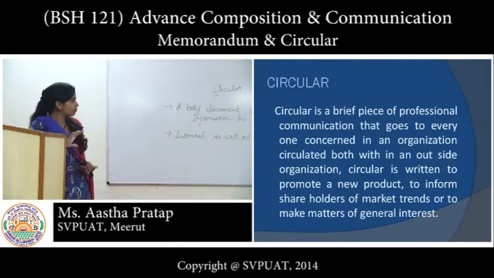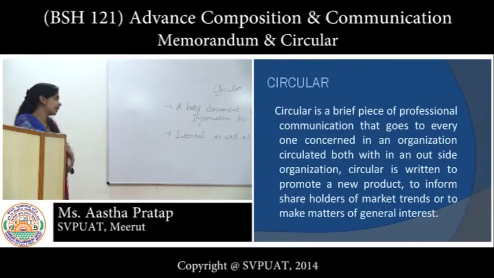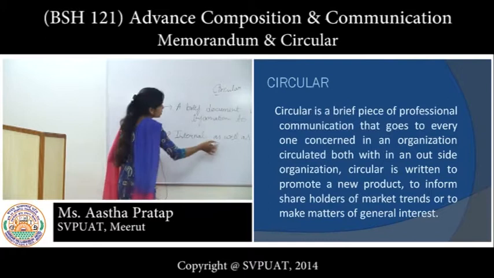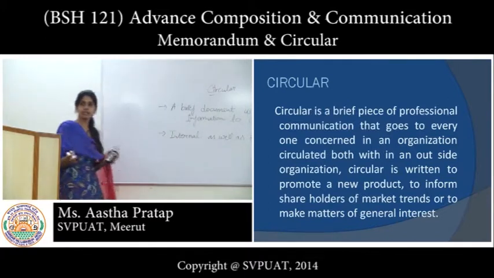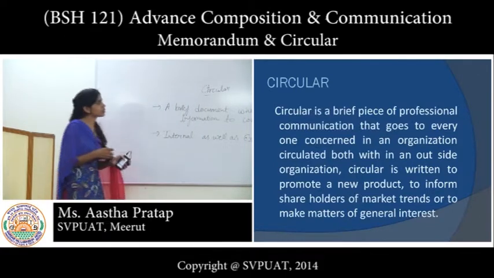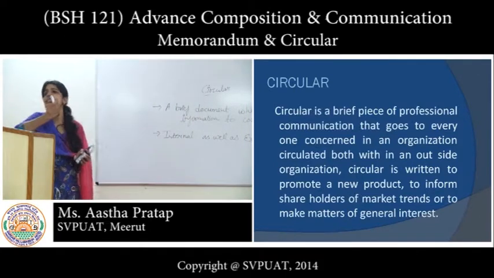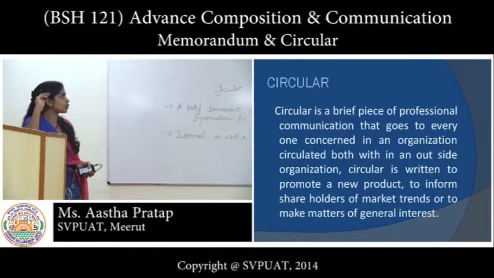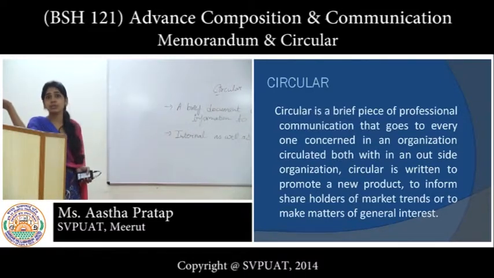The memorandum, on the other hand, is mainly prepared just for inter-office communication. Now again, the functions of the circulars define its purpose, why we need to prepare a circular, or what the functions of these circulars are.